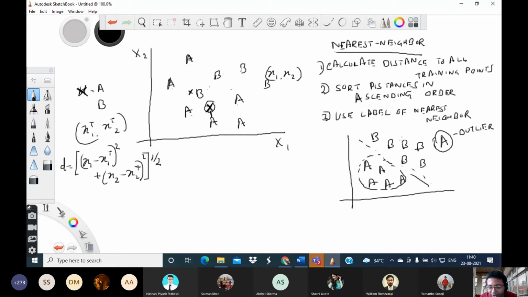We get one cluster like this, another cluster like this, etc. This point lies in a cluster that should be B, but we are calling it A. So that's also a valid definition of outlier. In general, there is no unique definition of what an outlier is. The general understanding is that an outlier is just a point whose label is not what it is expected to be.